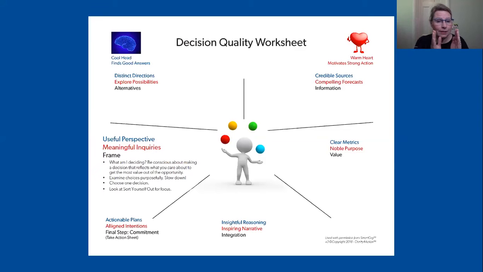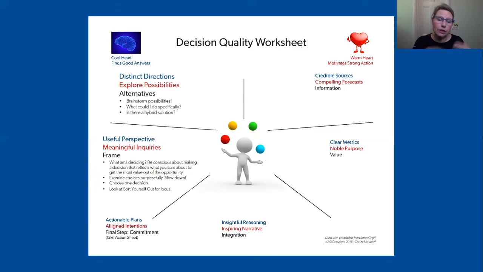Or we could focus on that tree and maybe a little grove next to it. So it's really thinking about, what am I really considering in this decision? If you get stuck here, there's the sort yourself out exercise that will help give you focus on narrowing down what decisions you're making today.